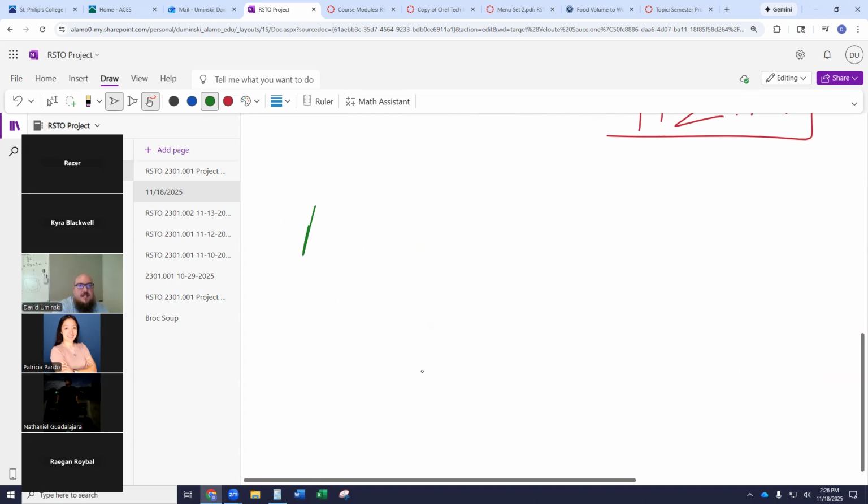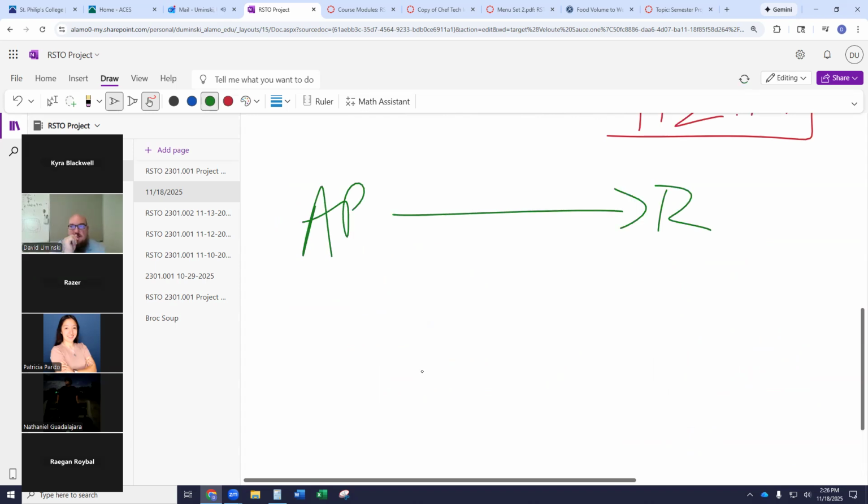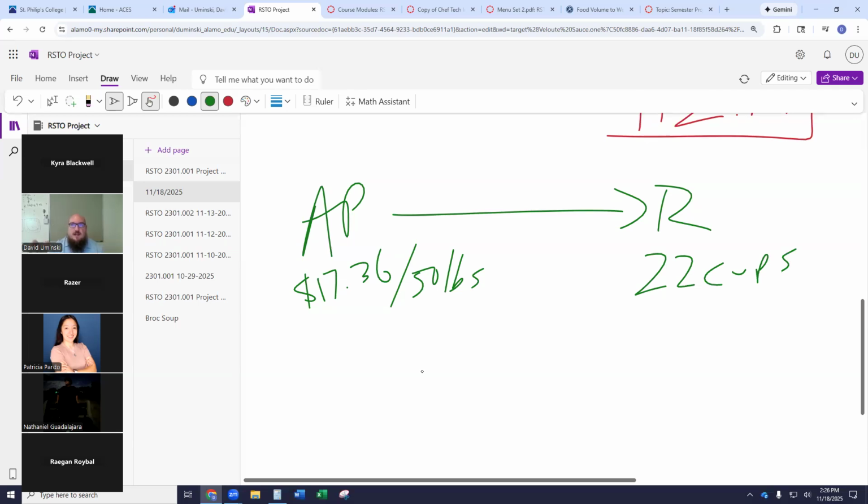So Tanner, if I can give you just one piece of advice: when you were describing the process to me, you took the 1736 for 50 pounds and divided by 50 pounds. What I would recommend is that you set up the AP to recipe just like I have it on the screen in green. Then we know that cups and pounds, I'm going to have to convert.